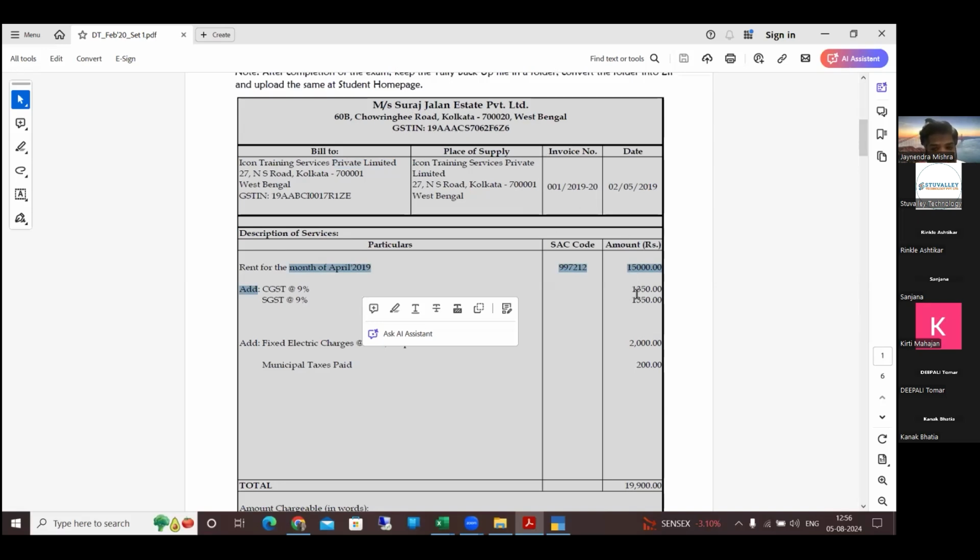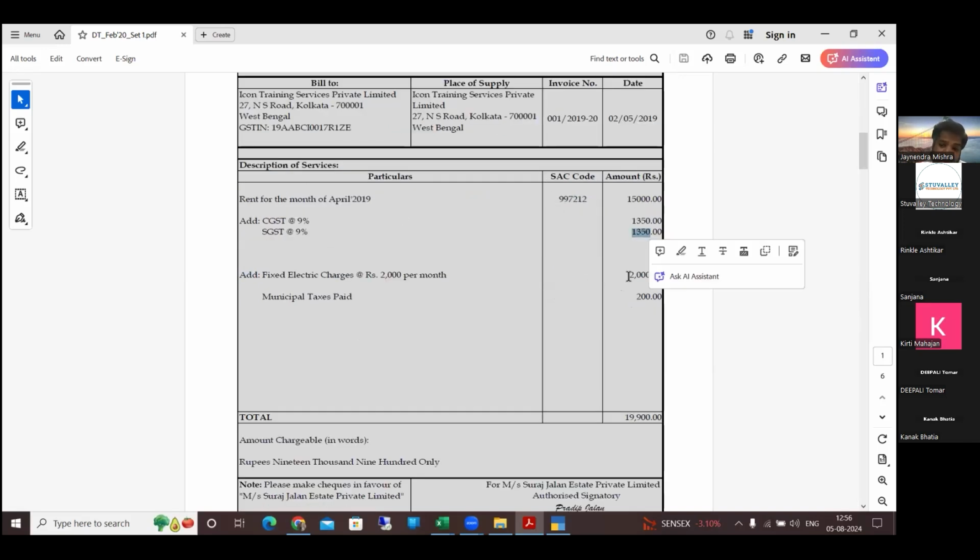Since it is a service on rent, we have to pay GST also, and Suraj Jalan is charging GST. The property of Suraj Jalan we are using, so the electricity bill, the electricity power charges of that office premises we have to bear. So friends, the owner is charging rent as well as electricity expenses.